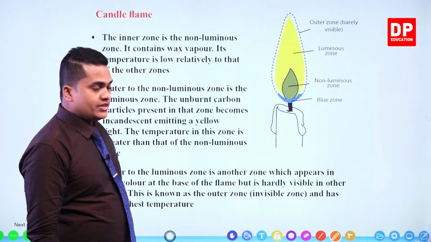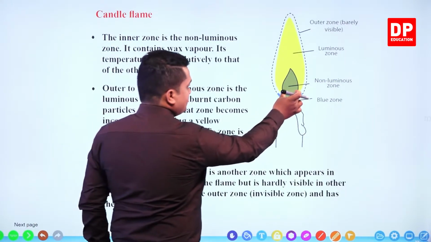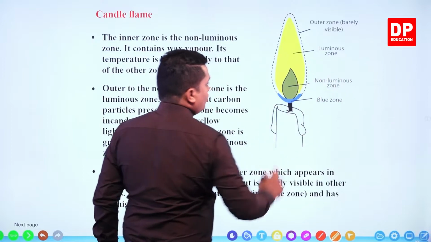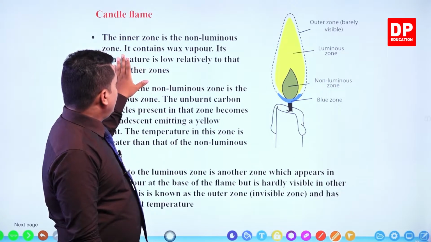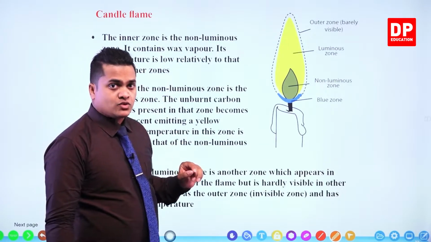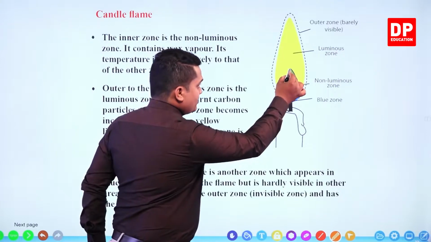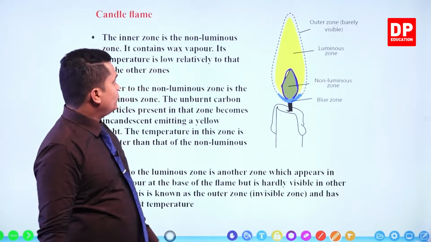This is the first and foremost zone, and it contains wax vapor.